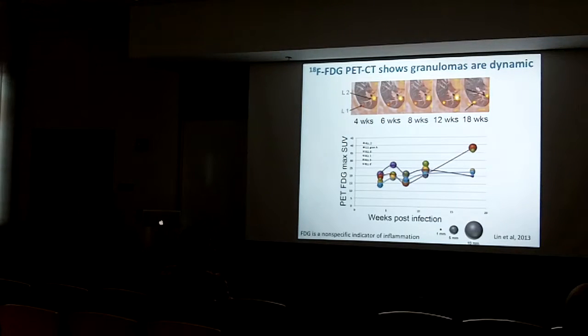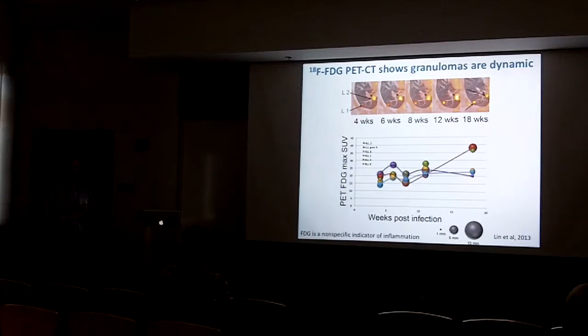So granulomas aren't static. They don't just form and exist. Granulomas change over time. And one of the tools that we've got to look at them is a PET CT in the VSL3. We can inject these animals with a glucose analog, FDG, and this radiolabeled tracer is preferentially taken up by glucose-utilizing cells. And there are a lot of those cells in granulomas.